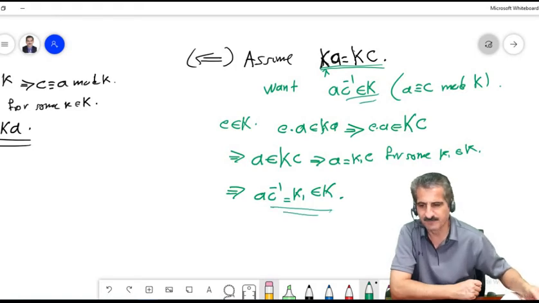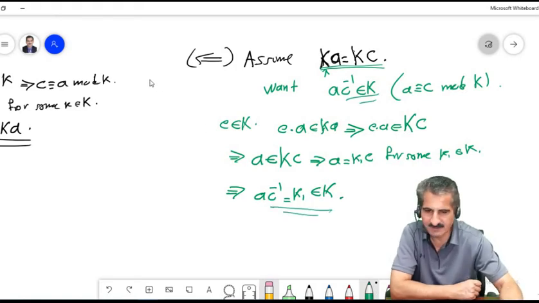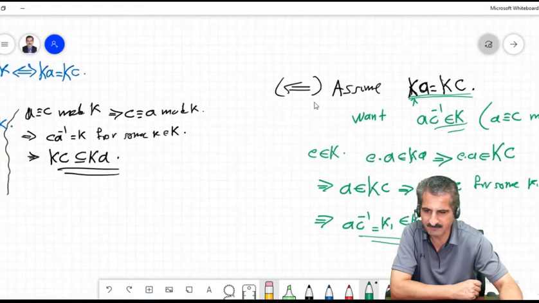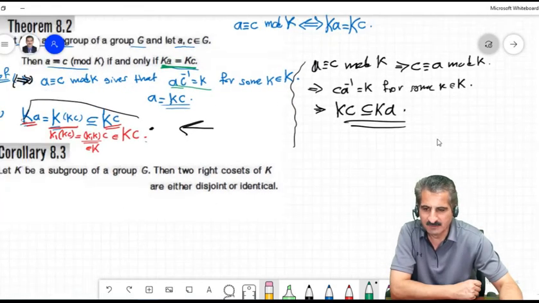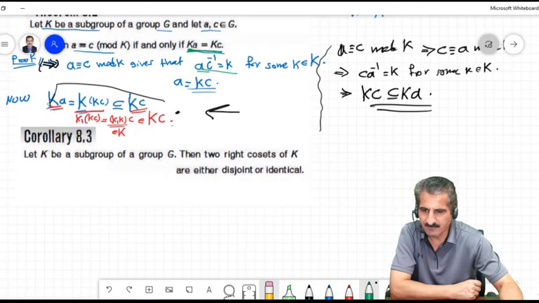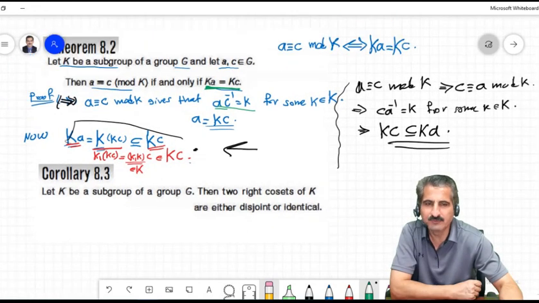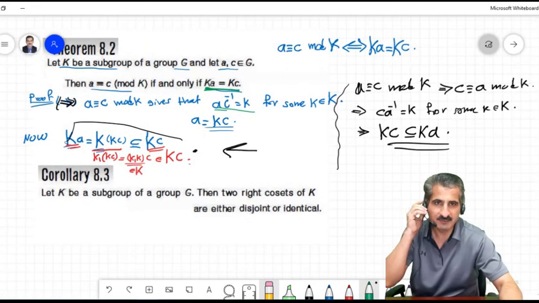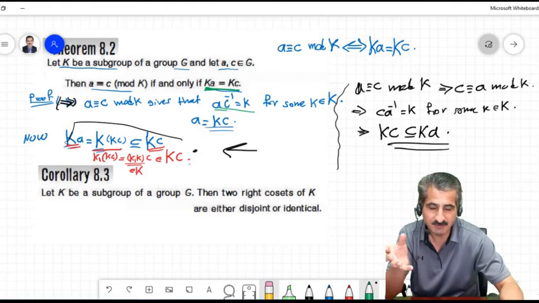Okay, so the proof is very easy, but I got confused. Now we want to remember that two congruent elements give the same equivalence class. We will need that.